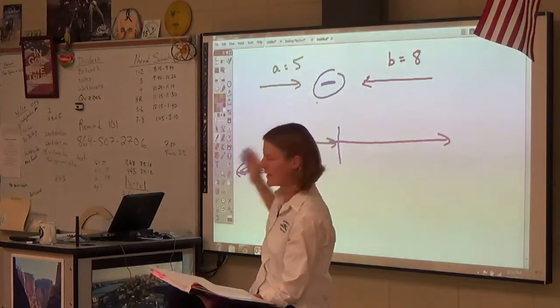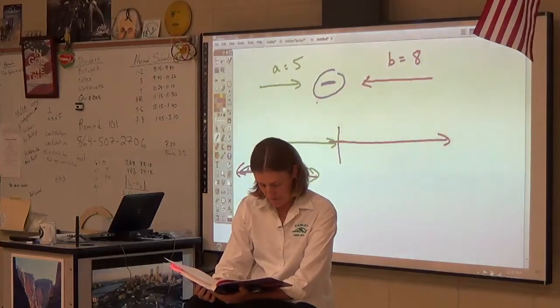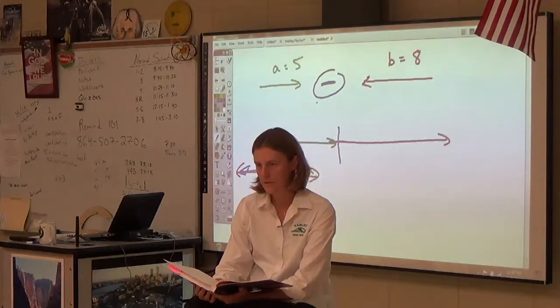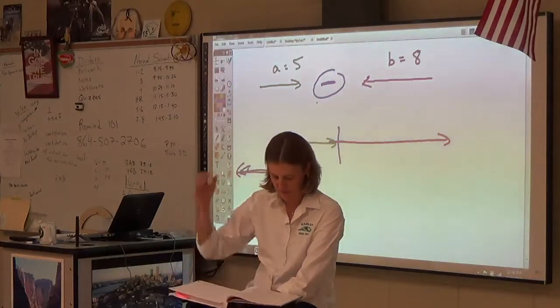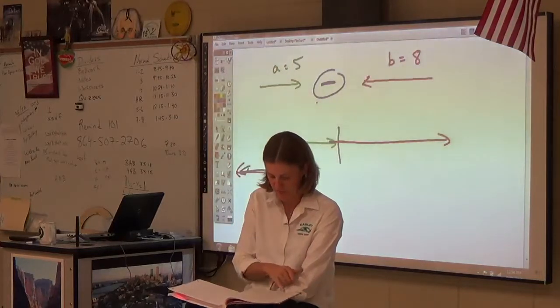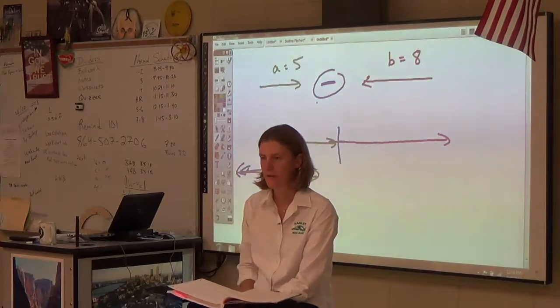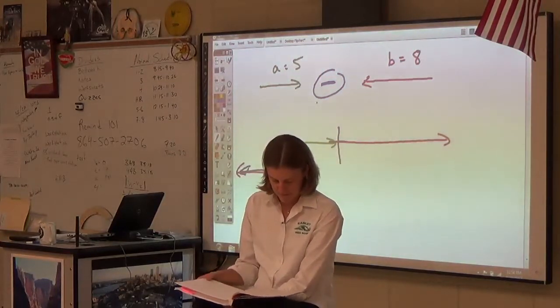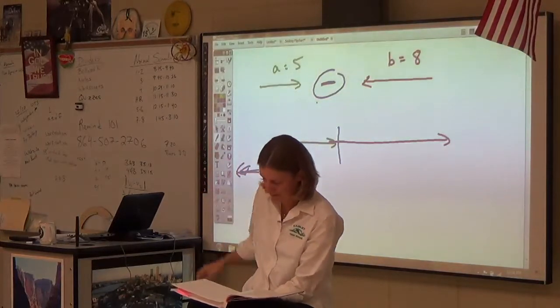I mean, if I have 5 and 8 to the right, the sum of the magnitudes would be 5 plus 8, which is 13. And it says, can that ever be equal to the magnitude of the sum of the same two vectors? So the magnitude of the sum, that would be the magnitude of the resultant. But that, of course, would also be 13. So if they're in the same line, our subtraction example would not work.